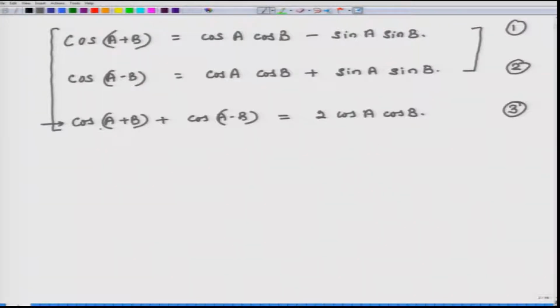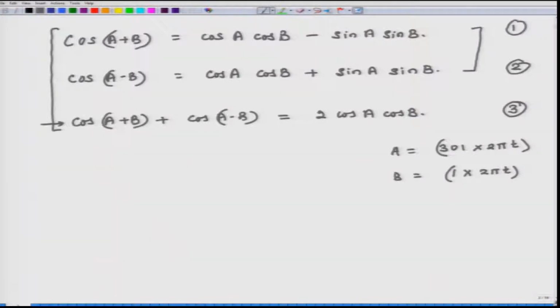A is the value of the angle. So, let us say that A is equal to 301 times 2 pi t and B is equal to 1 times 2 pi t.